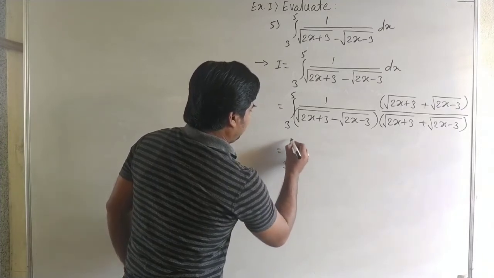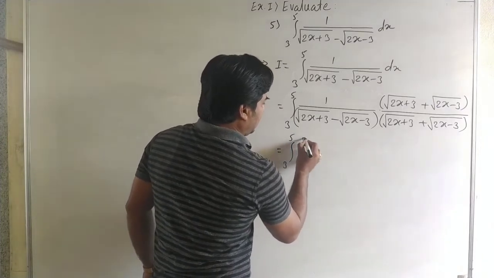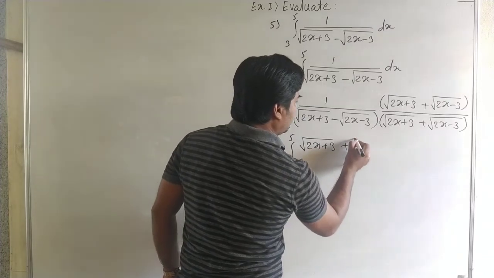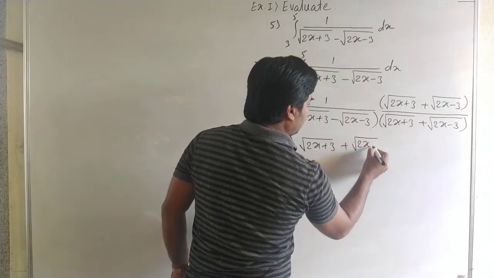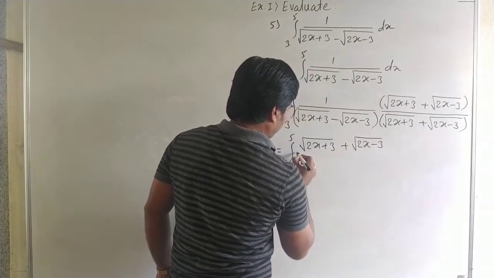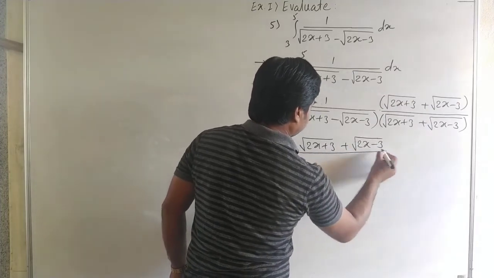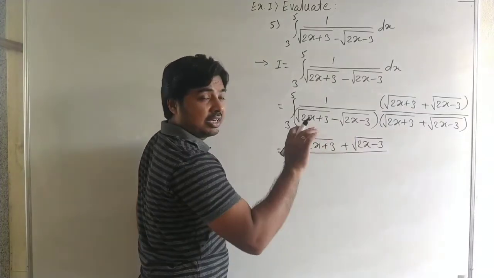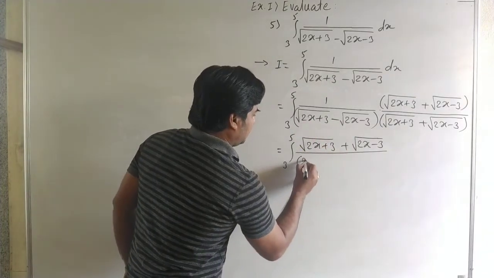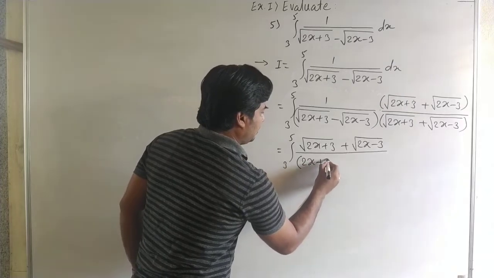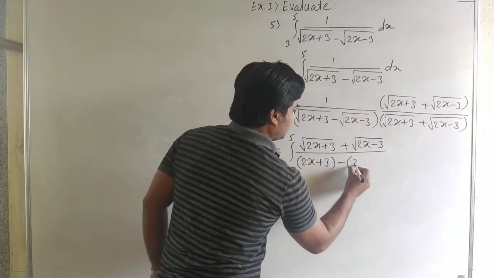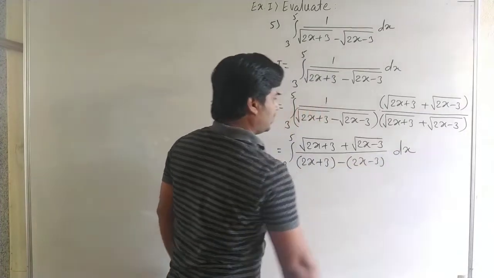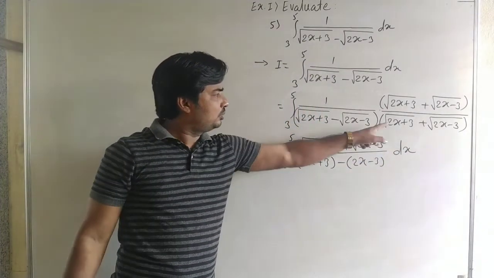Integral 3 to 5, under root 2x plus 3 plus under root 2x minus 3, whole upon. Here take the multiplication: a minus b times a plus b is a square minus b square. The multiplication is 2x plus 3 minus 2x minus 3 dx, a multiplication of these two brackets.